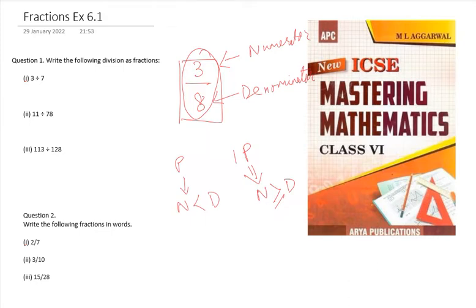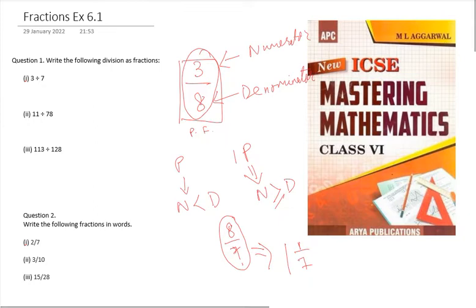So 3 by 8 is an example of a proper fraction, and 8 by 9, 8 by 7 are examples of improper fractions. Every improper fraction can be converted into a mixed fraction, because every improper fraction is greater than 1. So it has one whole part, and the remaining part is left. So it's 1 by 7.